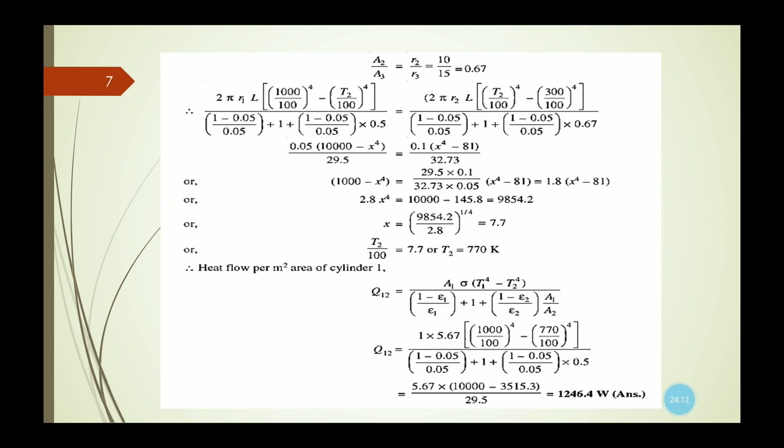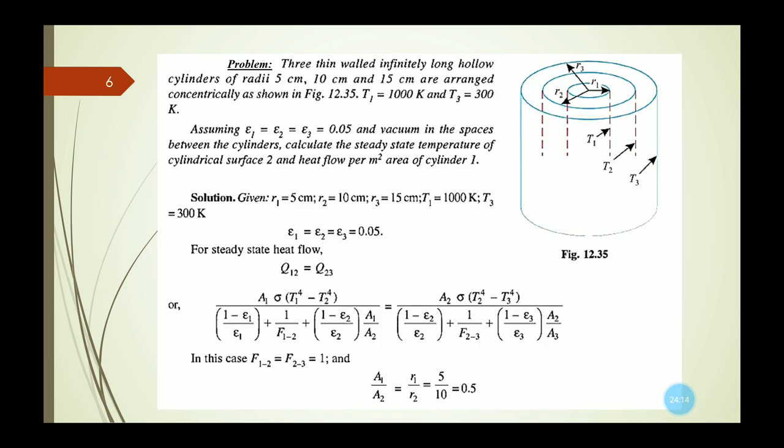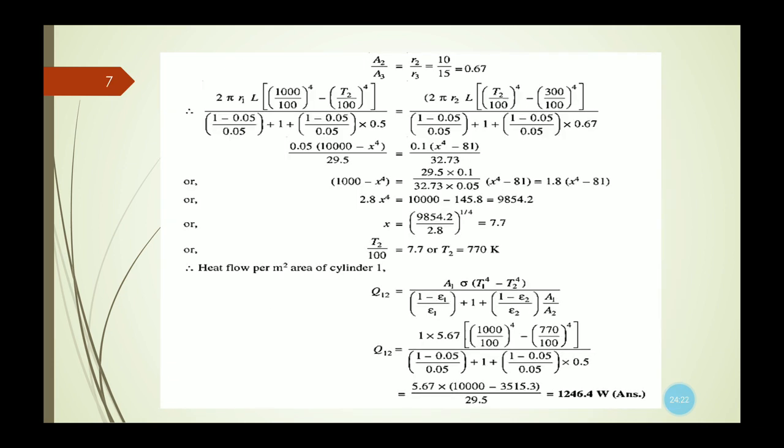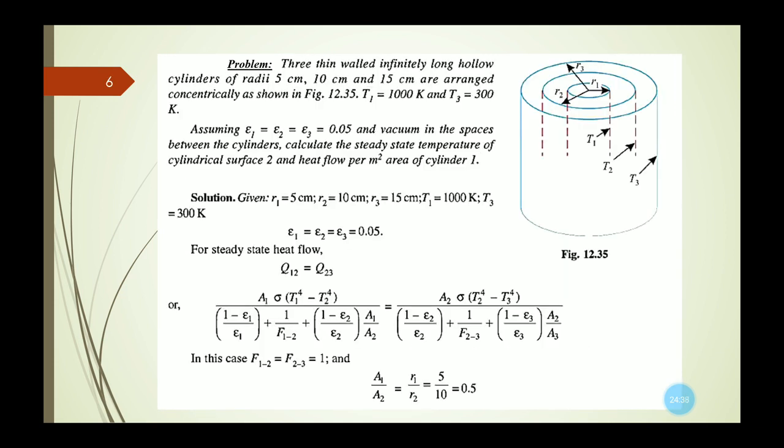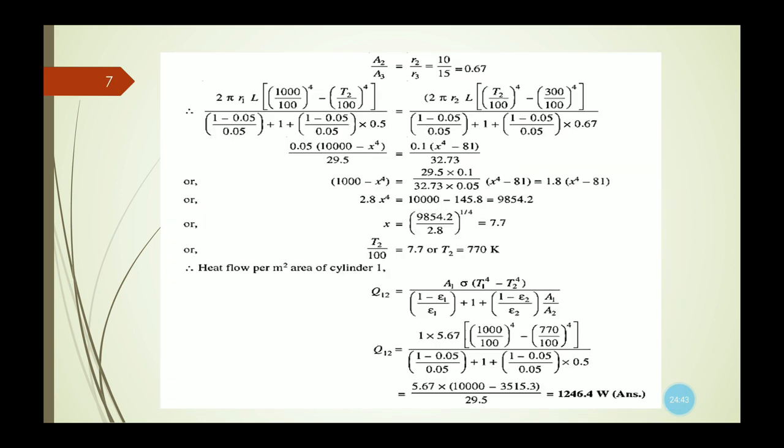Now in the formula that we have seen on the earlier page, A1 sigma (T1 to the power 4 minus T2 to the power 4), A is 2 pi RL. In case of A1 it is 2 pi R1 L, and in case of A2 it is 2 pi R2 L. Then all the other values like T1, epsilon 1, F12 are either given or we have calculated them in this numerical.